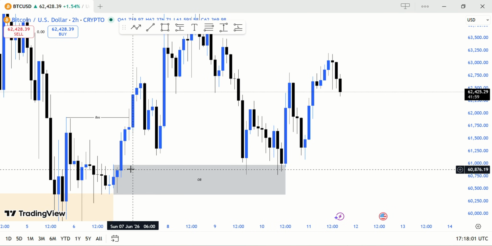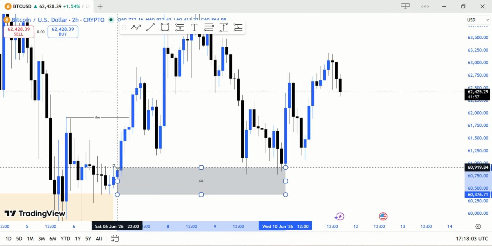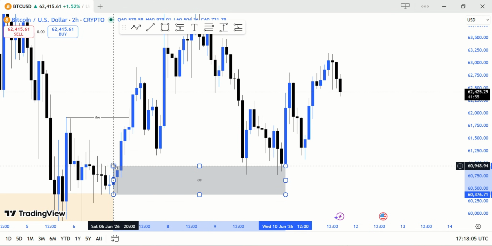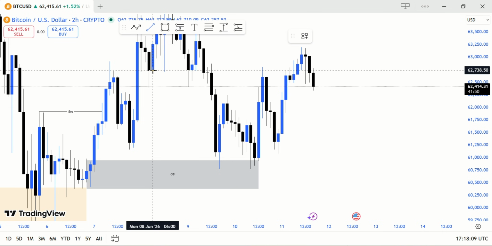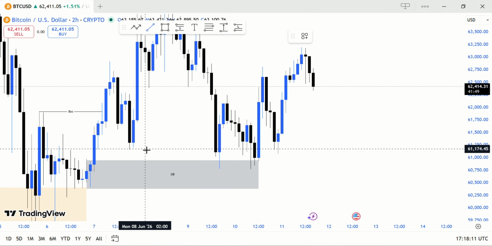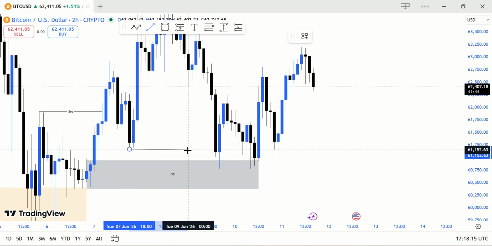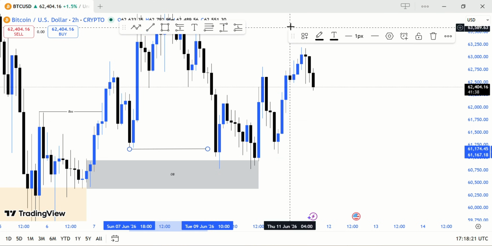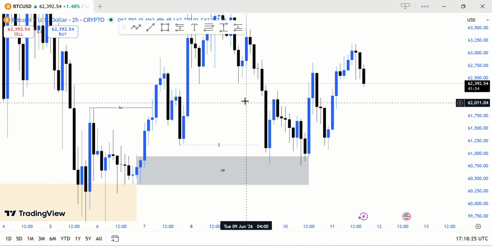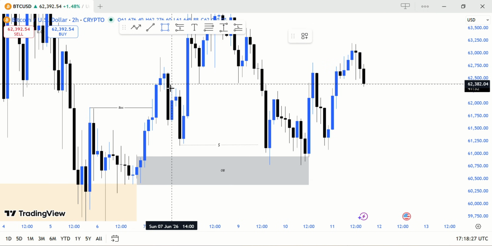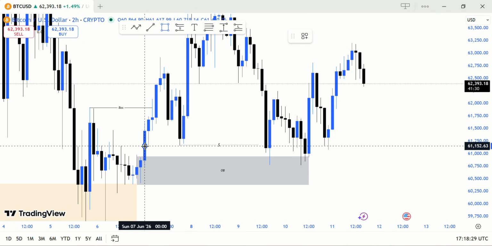All checked so that our position is still intact, and our confirmation in SMC, we always wait for confirmation before taking a trade. So this is my confirmation, which is my liquidity. This is my liquidity, and then this is my FVG.